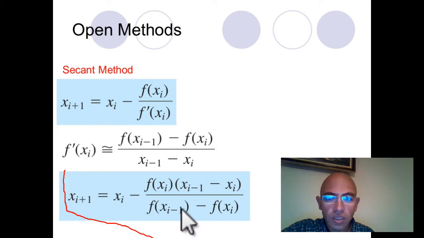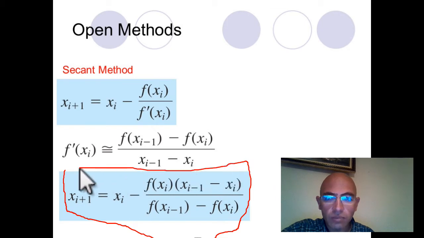As you see, in this expression, I don't have any derivatives. I only need to evaluate the function 3 times, and then multiply it with the difference between xi minus 1 and xi.